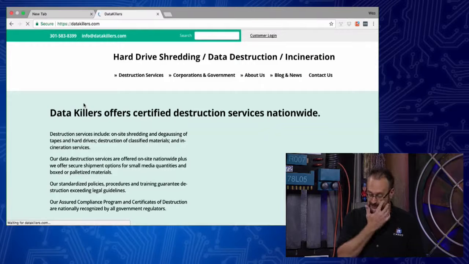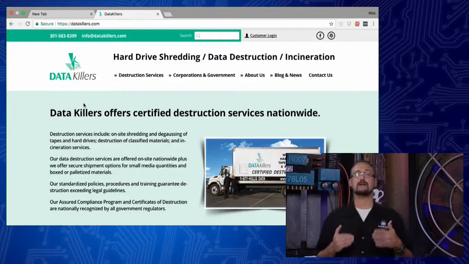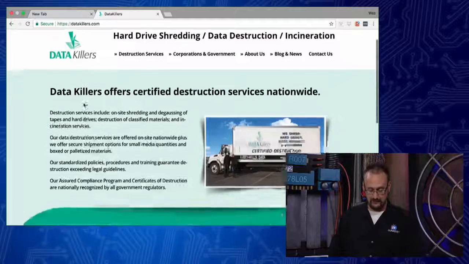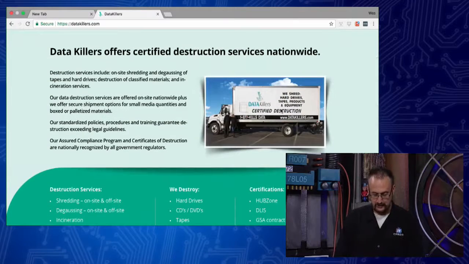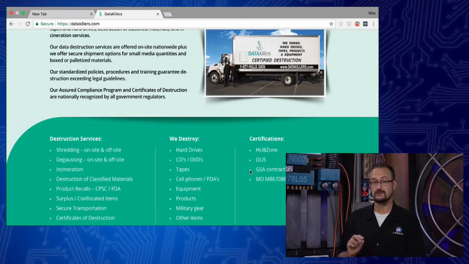Okay, so this is a type of company that you can go to, and you can essentially pay them. You can say, okay, I need complete incineration of the drives, and they will sometimes come on site. They also have different certifications, because one of the things that you might be required to have is a certification of destruction, right?